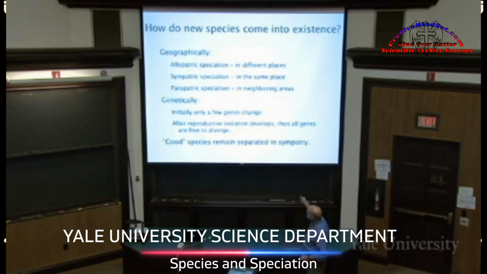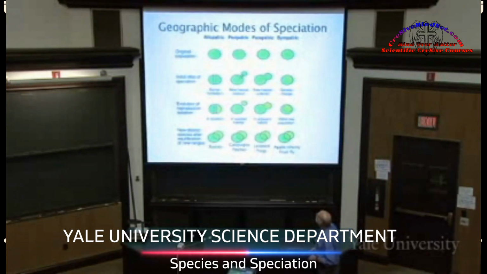So a good criterion for a species is, as I told you, they remain separate when they're living in the same place and encountering each other at the same place and the same time. So let's take a look schematically at what these terms mean.